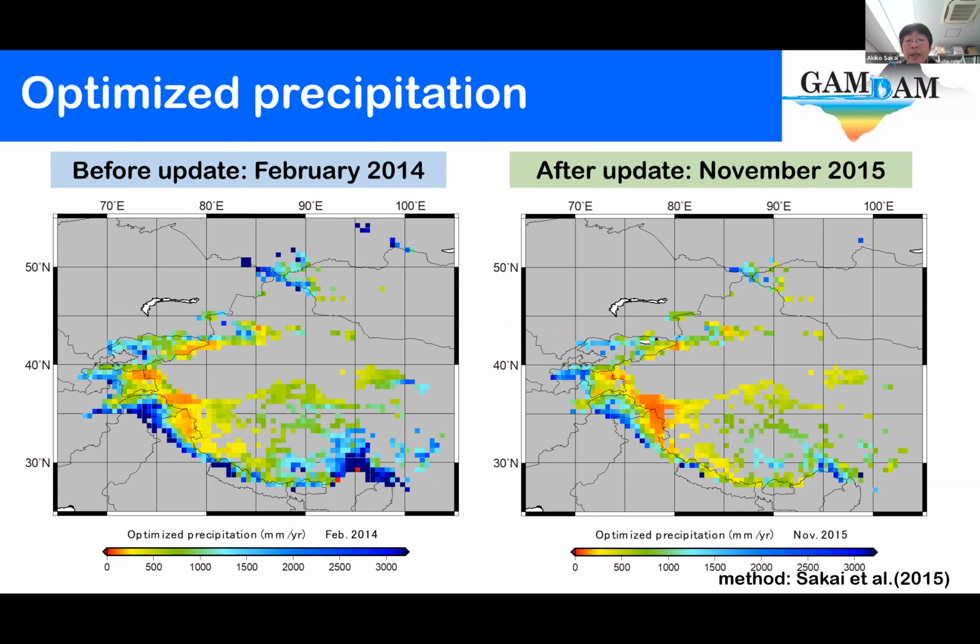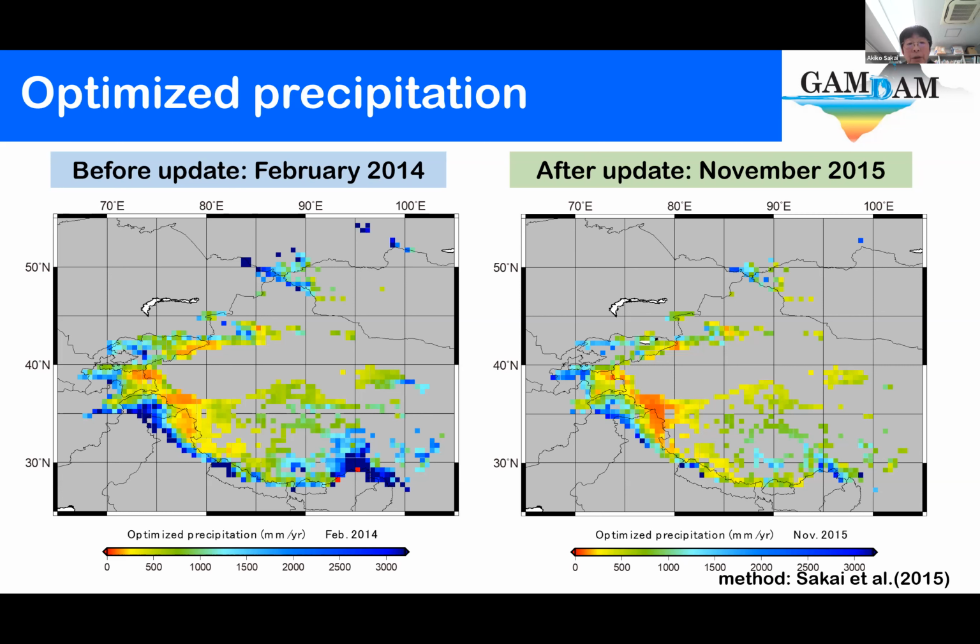And using a mass balance model, precipitation at the ELA was estimated by adjusting precipitation amount so that glacier mass balance becomes zero. This method was already published in The Cryosphere in 2015.